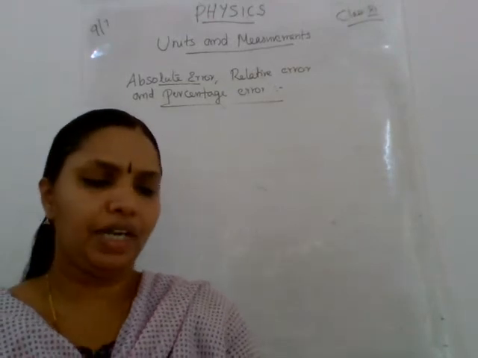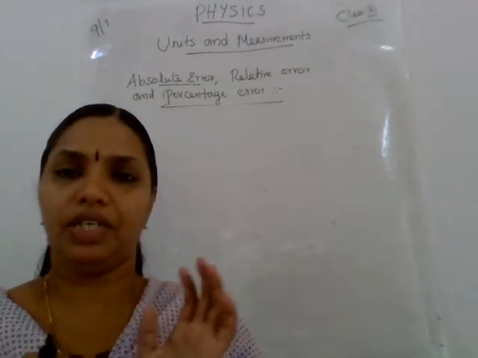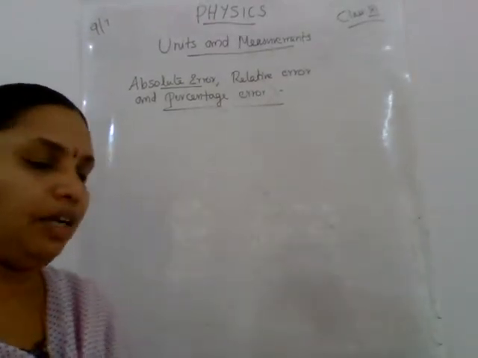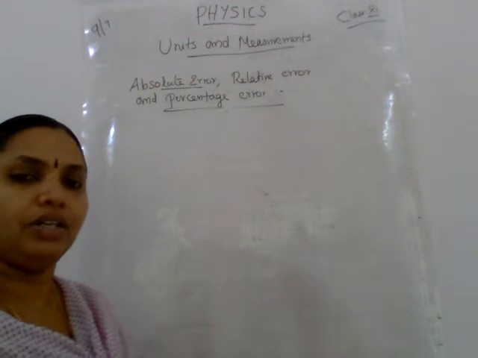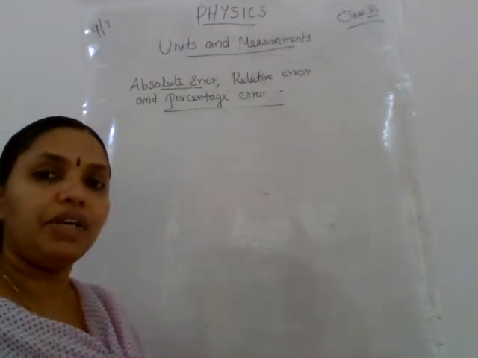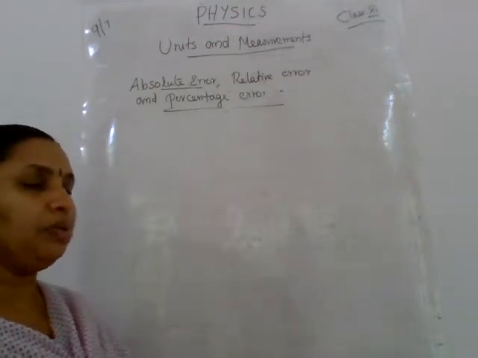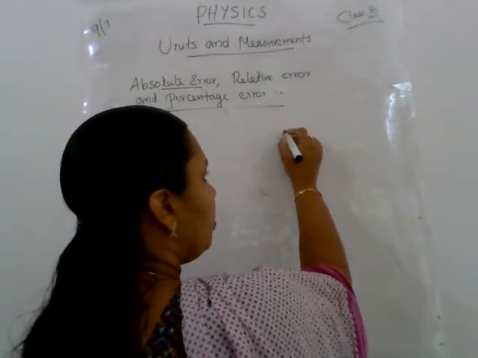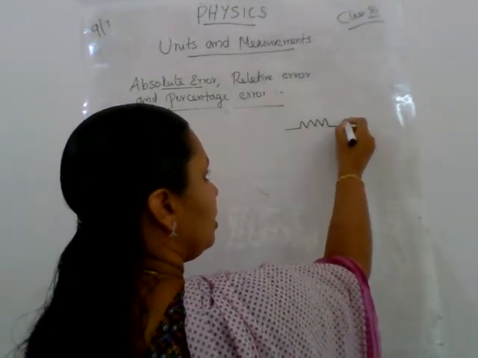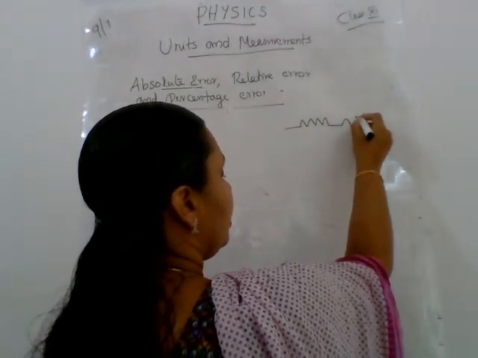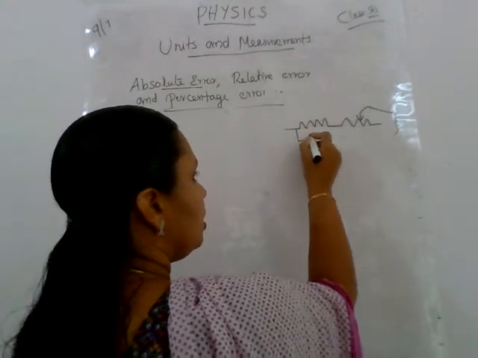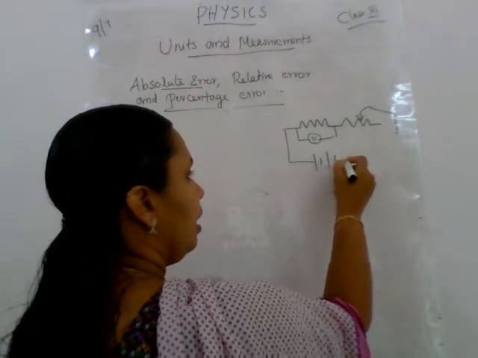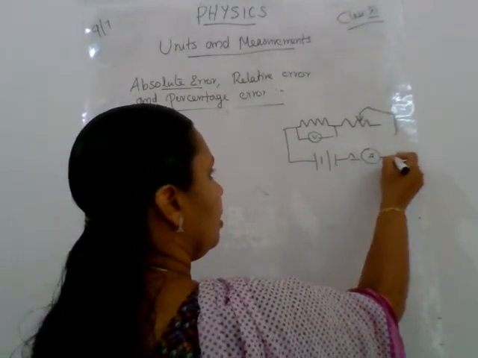For that, we are revising your last year's 10th standard experiment, Ohm's law: to find the resistance of a given resistor by using the Ohm's law relationship. You remember the circuit diagram: a resistor and a rheostat are connected, and parallel to the resistor a voltmeter is connected. Then there is a battery, a key and an ammeter.